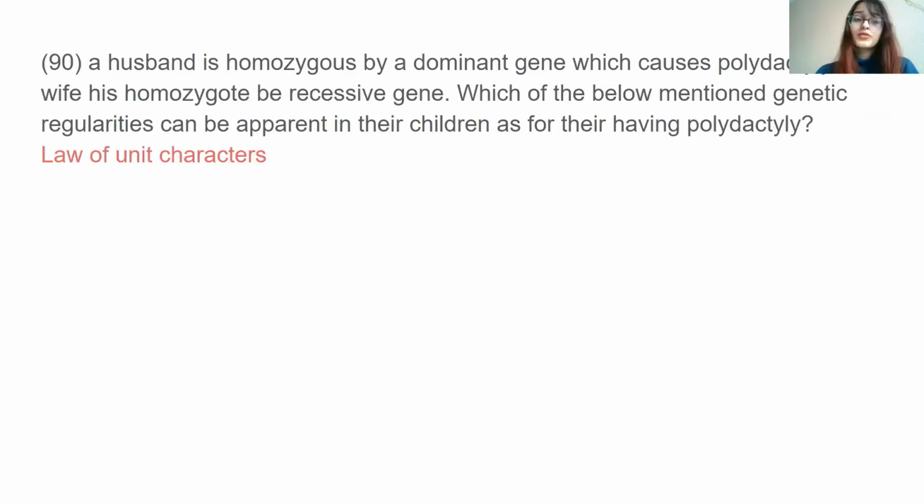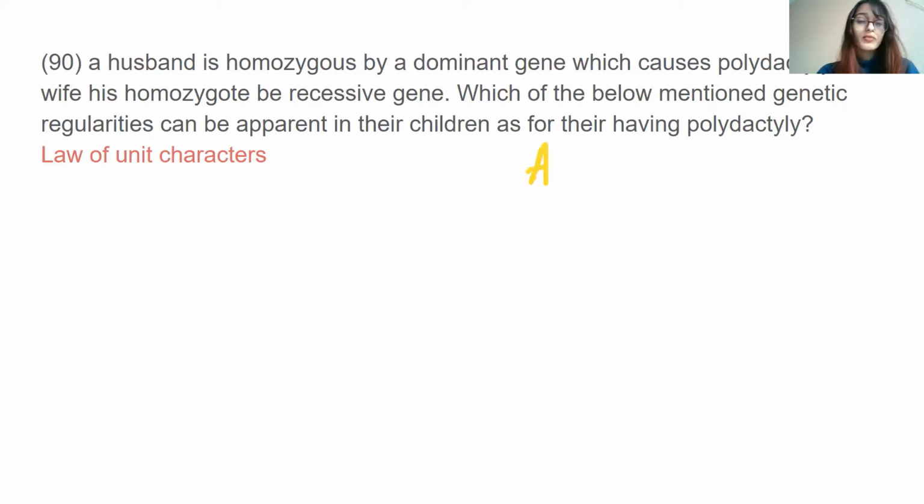This is from the ministry book. A husband is homozygous for a dominant gene which causes polydactyly, and his wife is homozygous for the recessive gene. For example, we keep it very basic and take the letter A. So the husband is homozygous with the dominant gene.